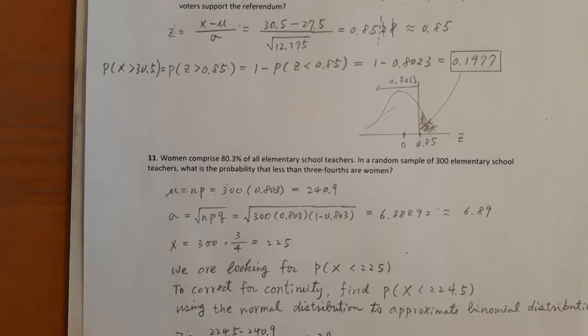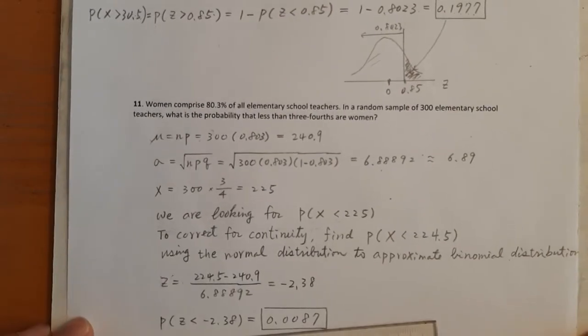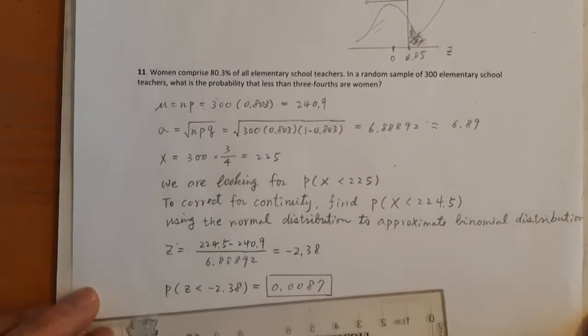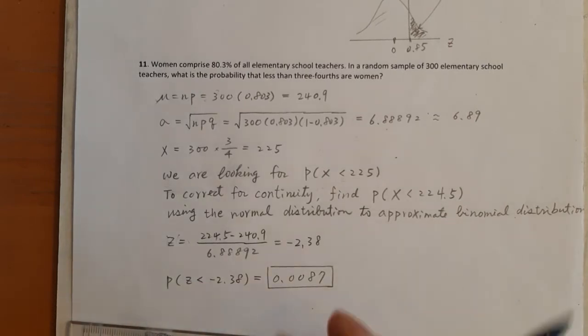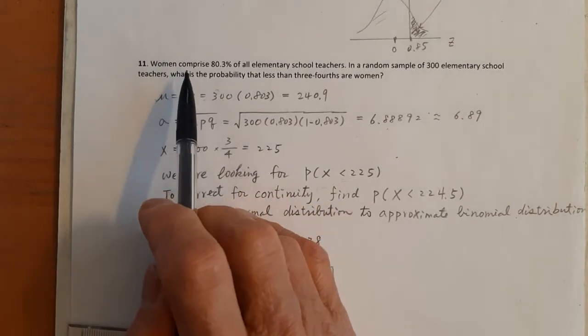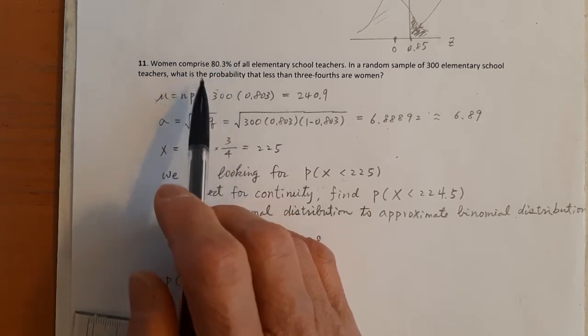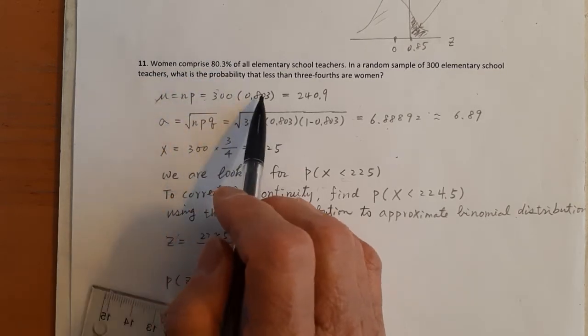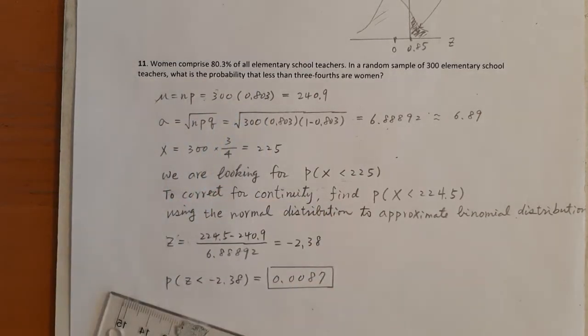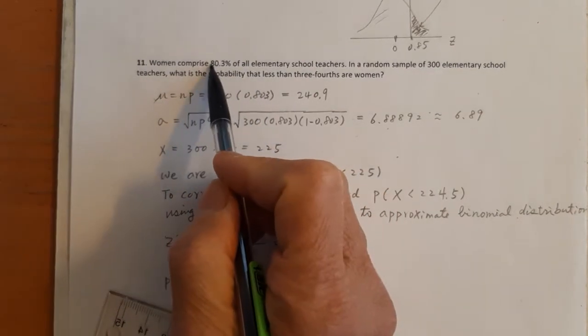And the next one: women comprise 80.3%. So P is 0.803, moving the decimal to the left 2 positions.